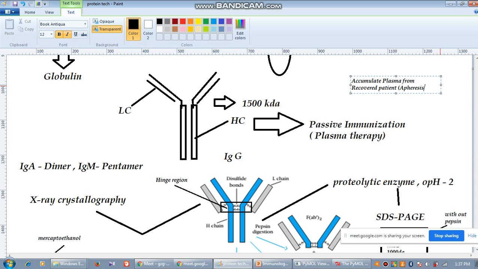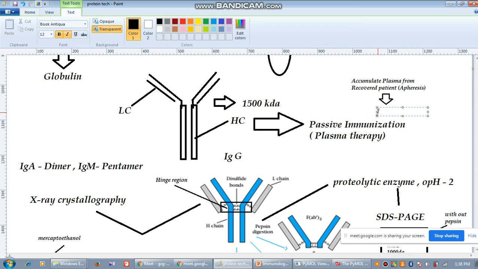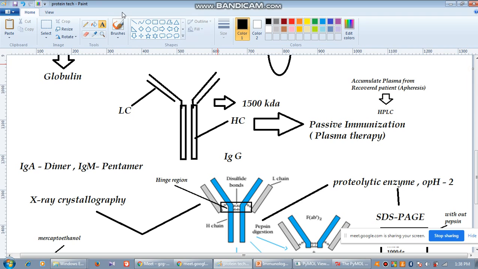Apheresis is the method by which you can separate plasma from all other blood components. Then we purify, we check the purity by various kinds of chromatography. One such chromatography, very helpful and very sensitive, is HPLC. After that we will put that plasma back into the patient.